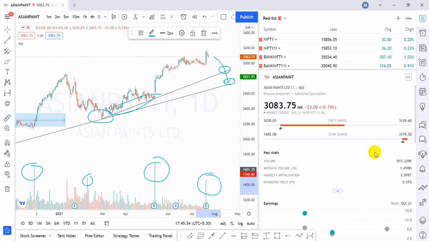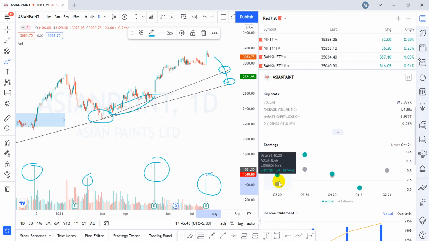One more thing you have to check: again, the stock is in the growth territory. It is within the 15% range of its 52-week high. And you can see a surprise element was given in the last 4 quarters. Surprise, surprise, surprise, surprise.